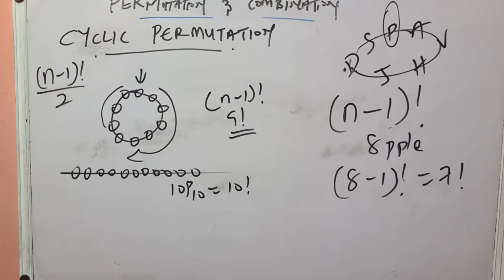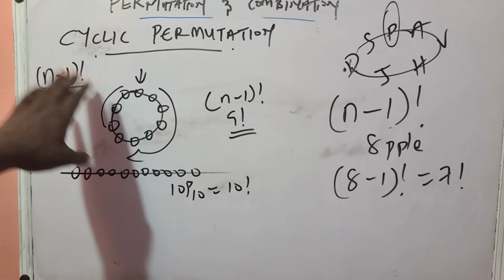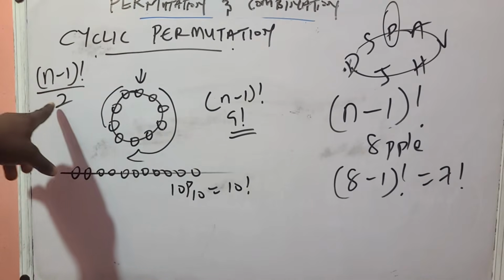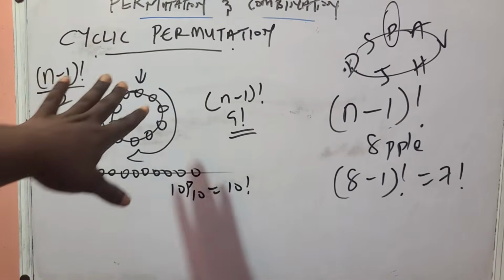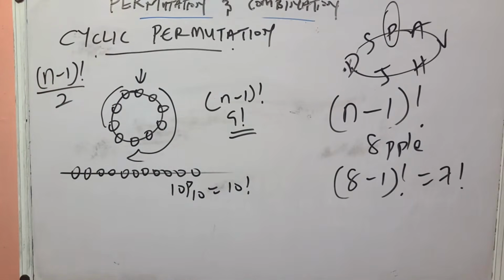So this way, you are able to ensure that you are just dealing with one arrangement, removing the other possibility of the anti-clockwise direction, because you are dealing with beads.